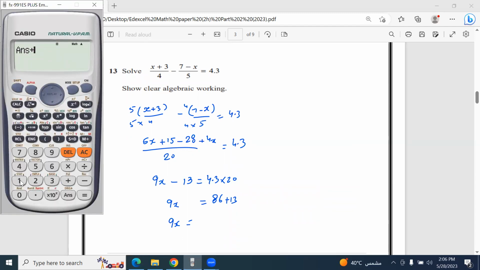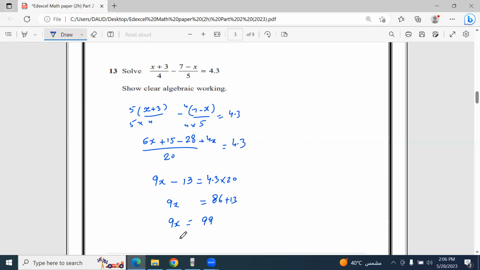So plus 13, it is equal to 99, and lastly x equals 99 over 9, which gives us 11. So we find out x is 11.